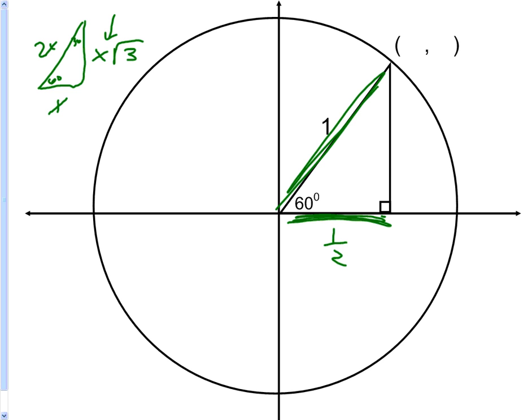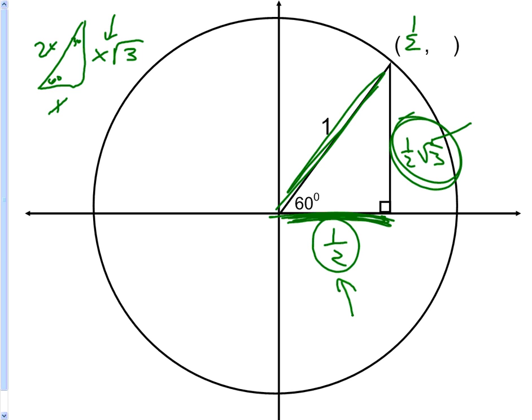All right, so then take this is like x now, right? So what do I put here? 1/2 square root of 3. Yep. So then if they want to know what point this is, it's x, which is right here, which is 1/2, and y, which is right here, which is 1/2 root 3.